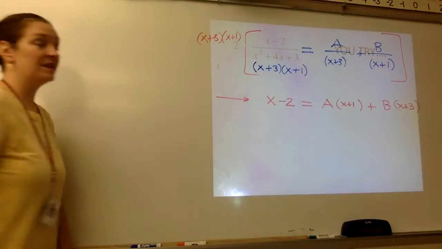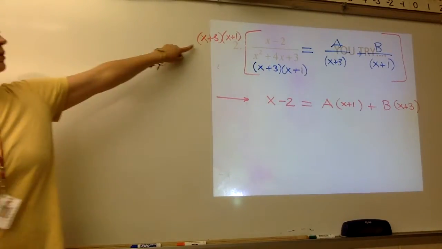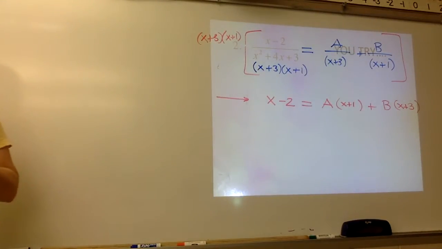All right, next up, determine the zeros of the denominator. So go to what you multiplied out here. What are your two zeros? Write them down.